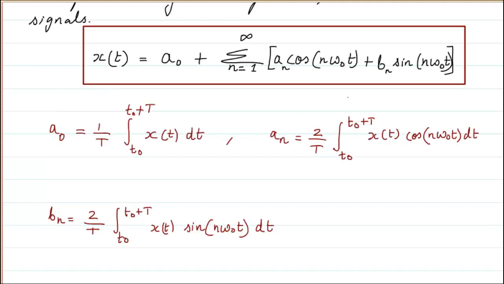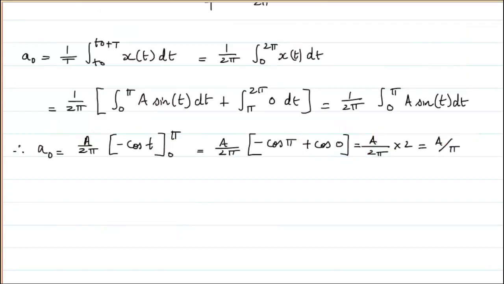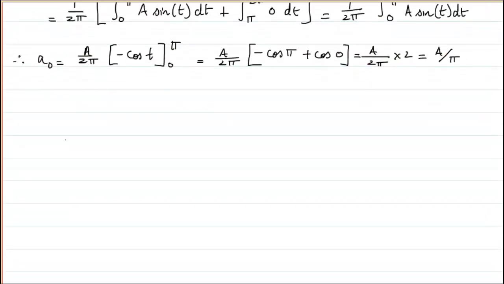Similarly we will have to find out an for different values of n. So I will keep that n as such, and I will write for different values what would be an.